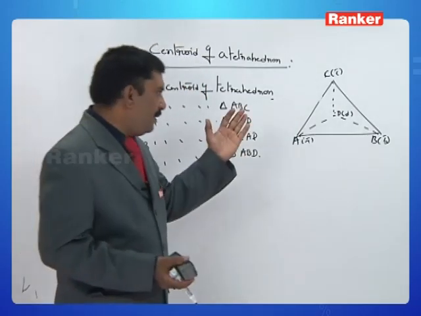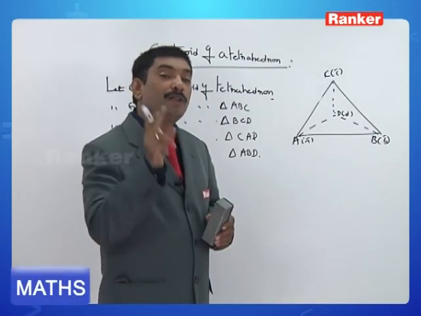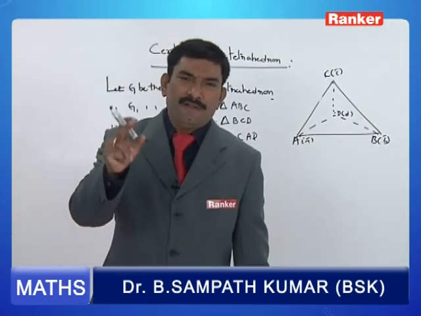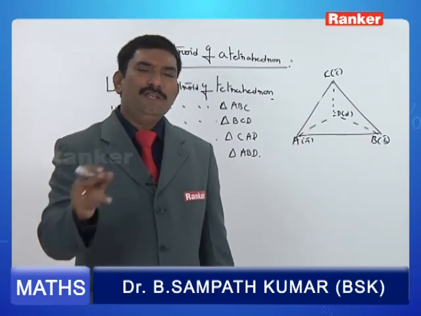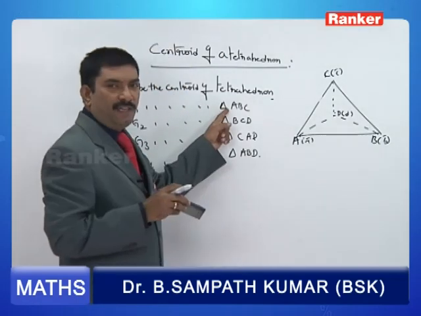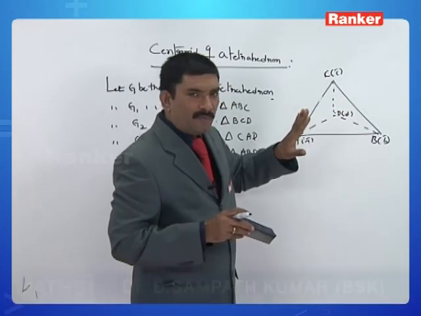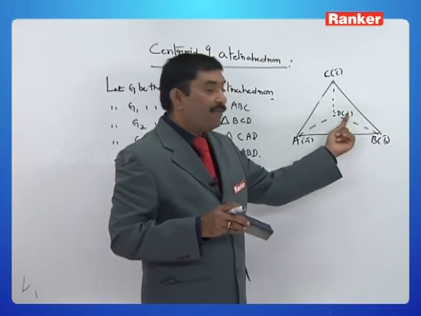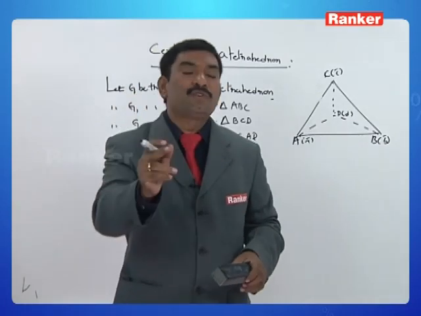Here, the centroid G of a tetrahedron divides the line joining the centroid of a triangle ABC and the opposite vertex. For triangle ABC, G1 is the centroid. So somewhere it is, and the line joining D and G1 is divided by G in what ratio? 3:1.